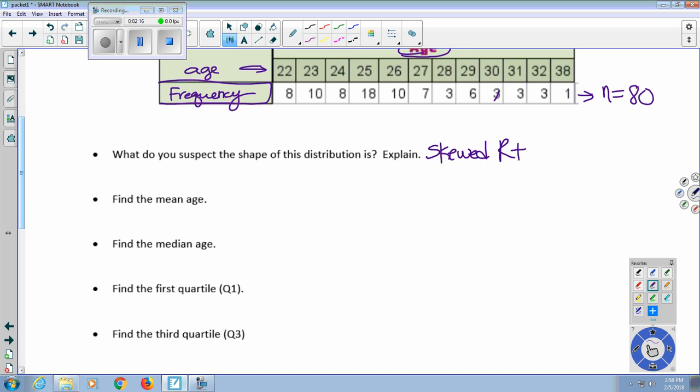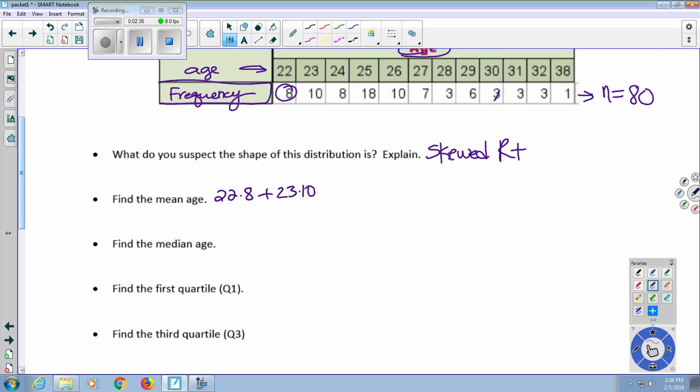So one way we can do this is that we're going to add up 22. We have 8 players with the age of 22, so we can multiply 22 times 8. Then we're going to add up all the players with age of 23.